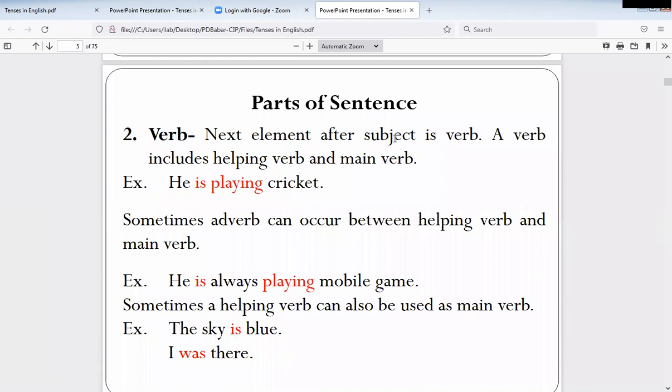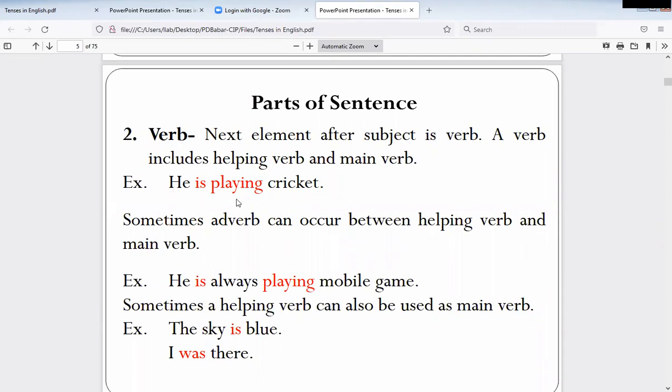So what is a verb? A verb is the action denoting word or action showing word. Without a verb we can't construct or form any type of sentence. Let's take an example and understand the concept of the verb.